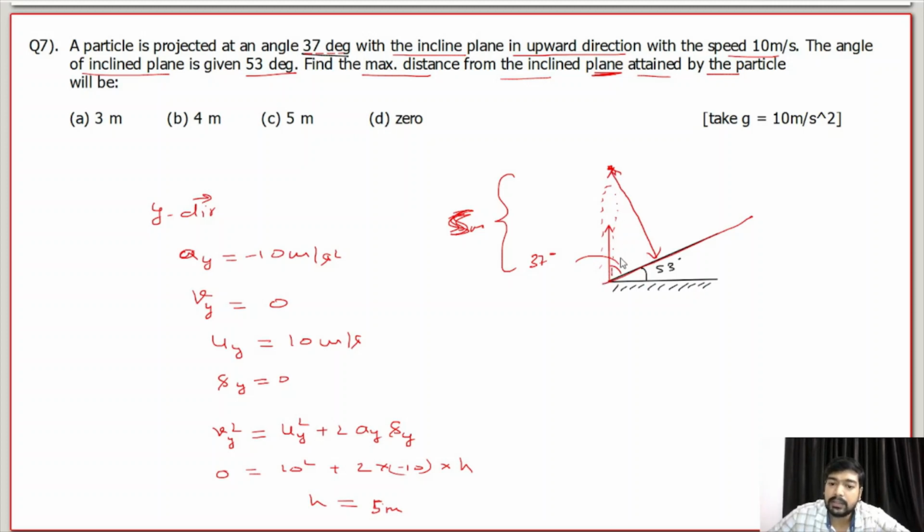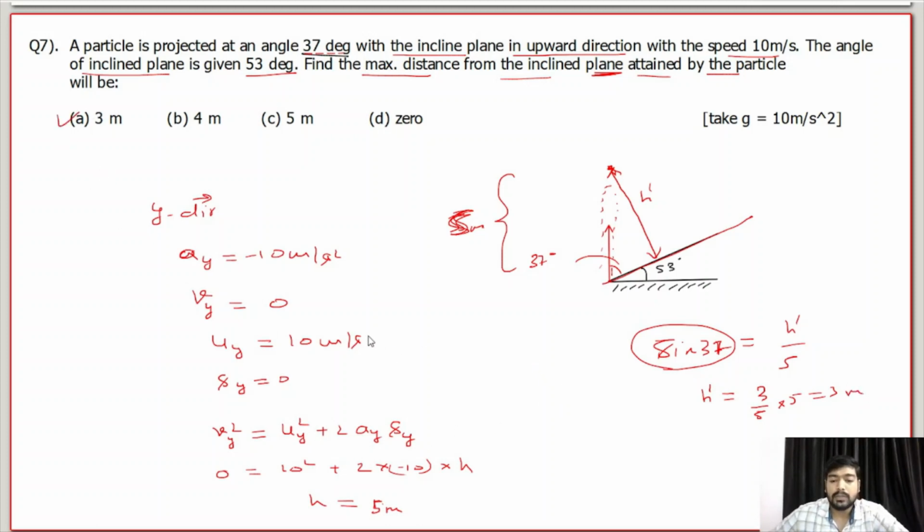So sine 37 equals h dash upon 5. So h dash, as I said, you should remember this. What is sine 37? Sine 37 is 3 by 5. So 3 by 5 into 5 is 3 meter. So this is our answer.